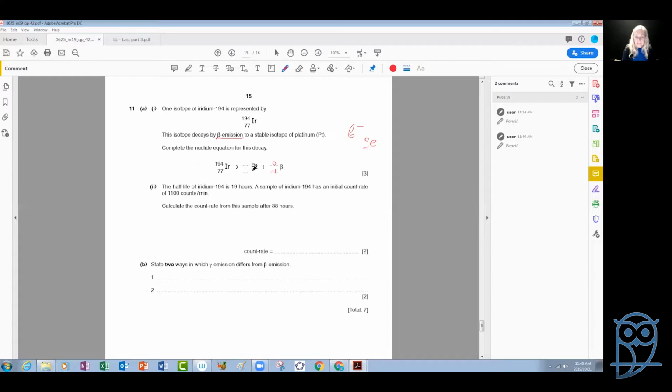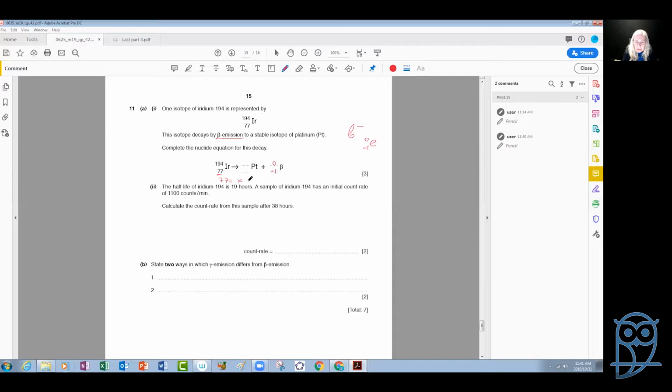And for platinum now, what can be the atomic number and the nucleon number for platinum, this daughter that is produced? Remember that since the charge is conserved, the charge on the left hand side is 77. So 77 must be equal to the sum of the charges of the product, which is this daughter of platinum, which is an X. We don't know, we need to find it.